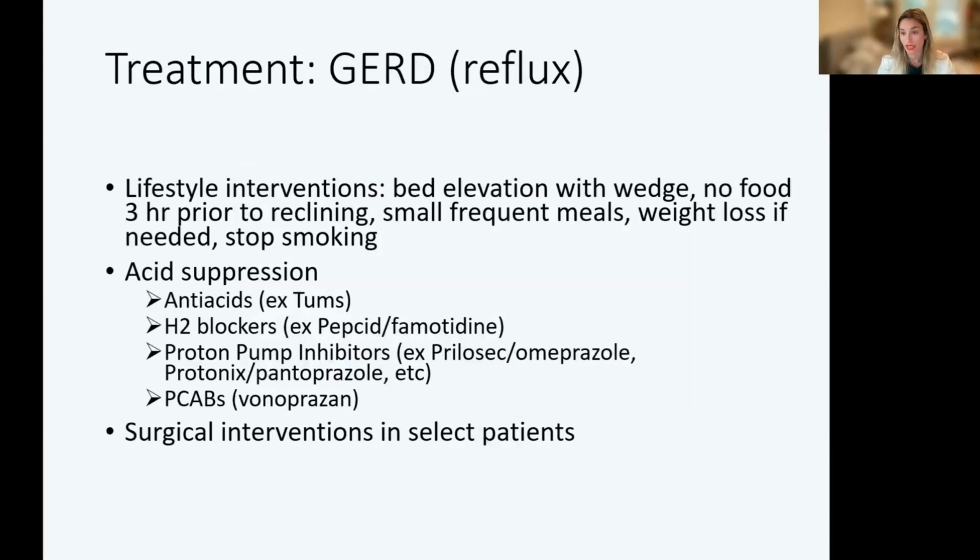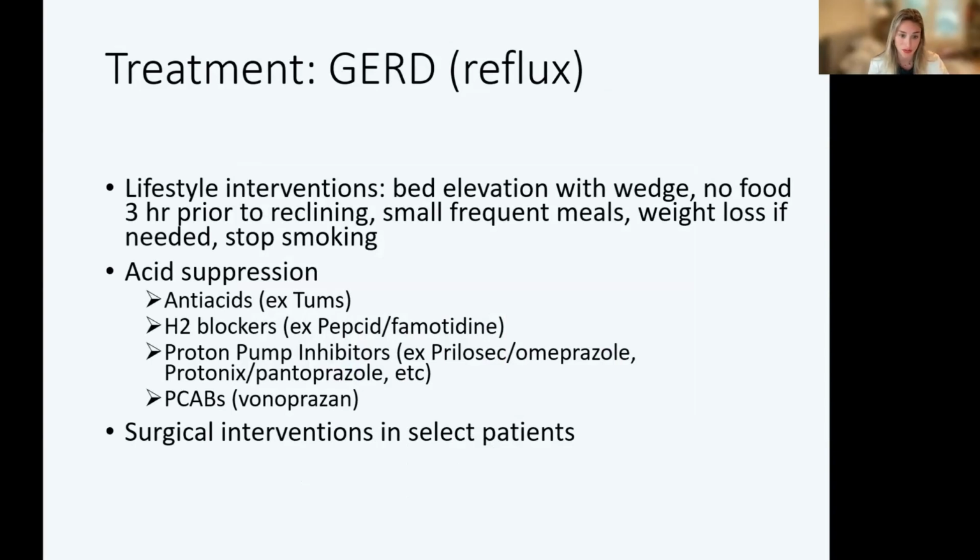When we talk about treatments, again, these are non-specific to amyloid. These are really general treatments for patients suffering with these types of symptoms. Thinking from the top down, first with GERD, or gastroesophageal reflux disorder, the key is going to be lifestyle interventions: head of bed elevation, no food 3 hours prior to reclining, small frequent meals, and weight loss if appropriate, certainly stopping smoking and reducing alcohol.